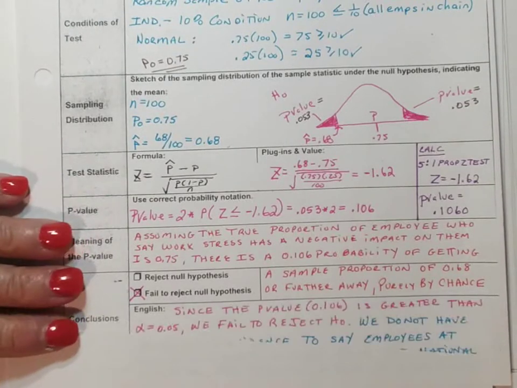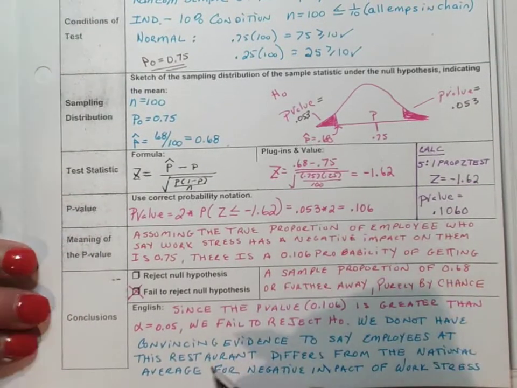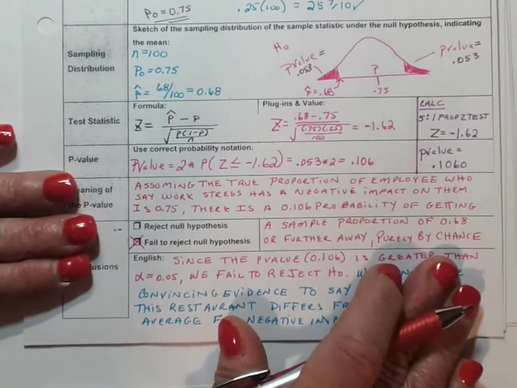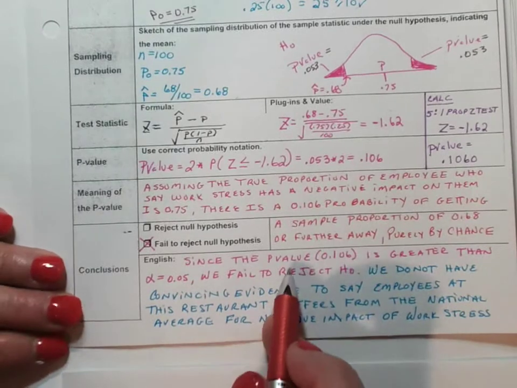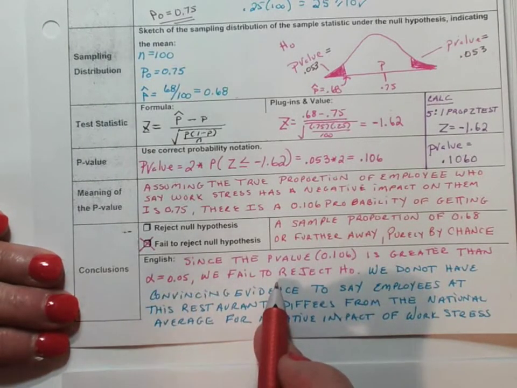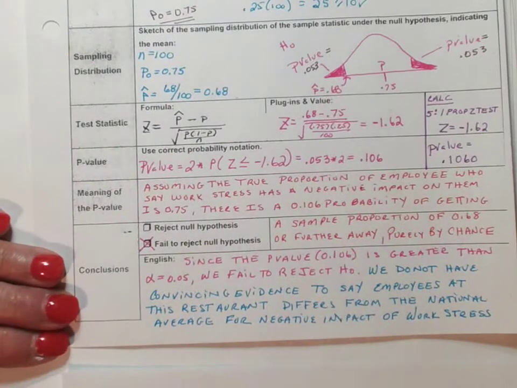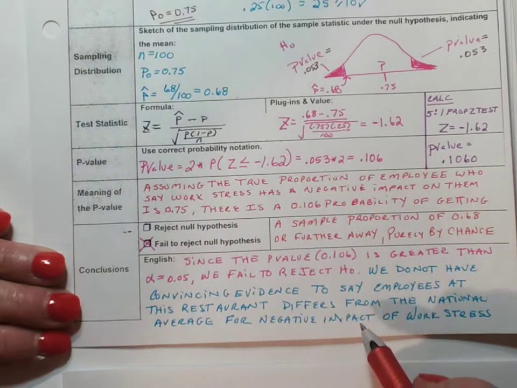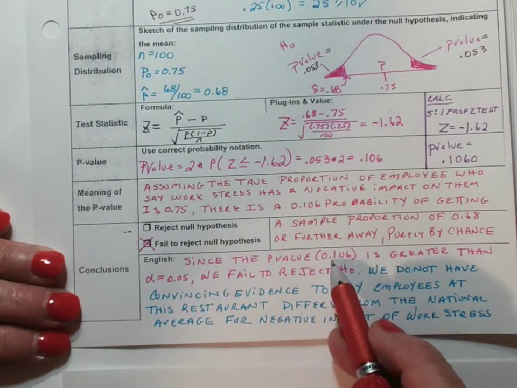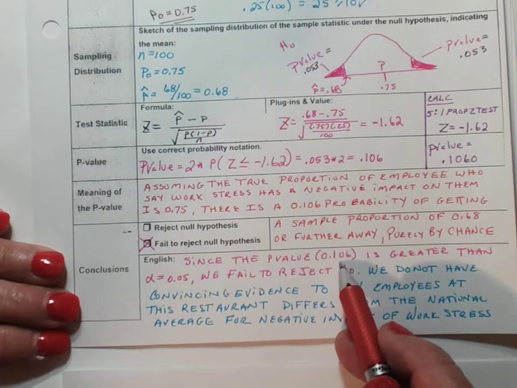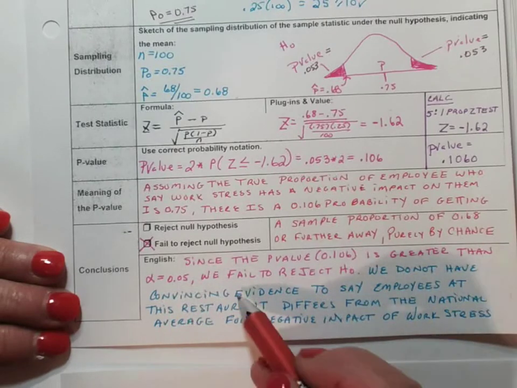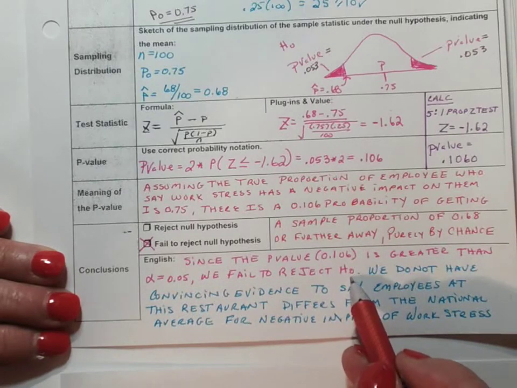Now, on every free response, you will have to state a conclusion. You must compare the p-value to the alpha, give your decision, and then answer it in context. Since the p-value, 0.106, which is very large, is greater than alpha, 0.05, we fail to reject H0.